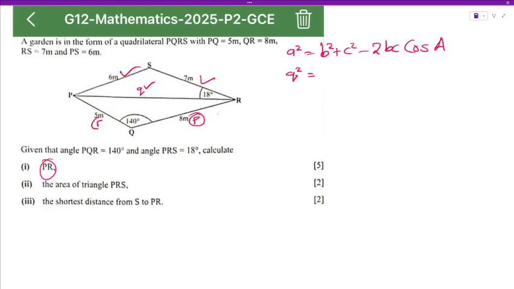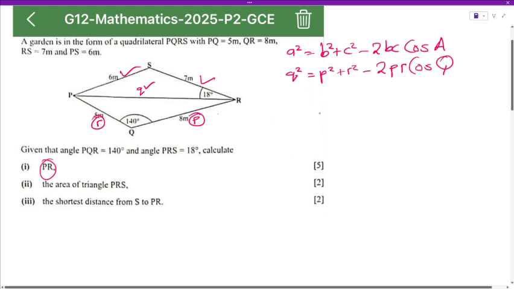We have P and R. So P squared plus r squared minus 2 p r cos, what side are you finding? Side q, so here you put a capital letter Q, representing the angle.